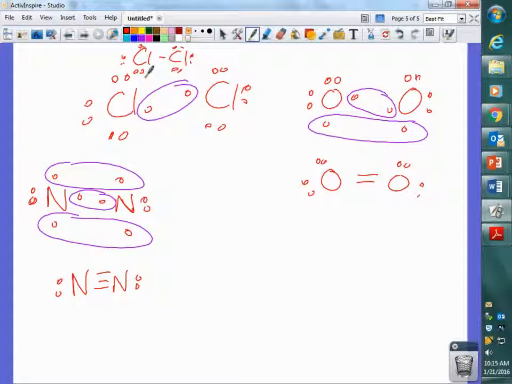Here, oxygen has 4 valence electrons on its own, plus these 2 lines. Each of those lines represents how many electrons? Each line represents 2 electrons. So if you count the 4 that oxygen has by itself, plus the 2 lines, which is actually 4 electrons that it's sharing, that gets it up to 8.